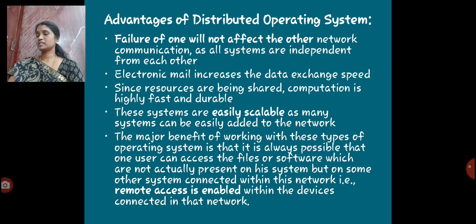And the computation is, of course, highly fast and durable because they are loosely coupled, and scalability becomes so easy. Scalability means removing or adding a system to the network. Adding or removing any number of systems in the entire system is very easy. That is what we mean by scalability.